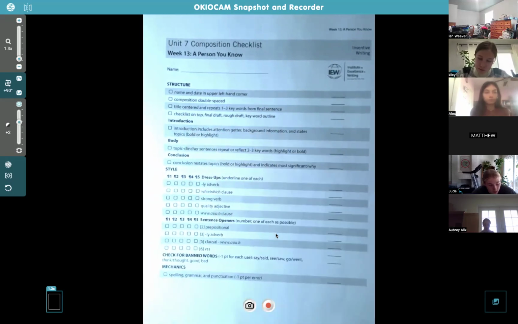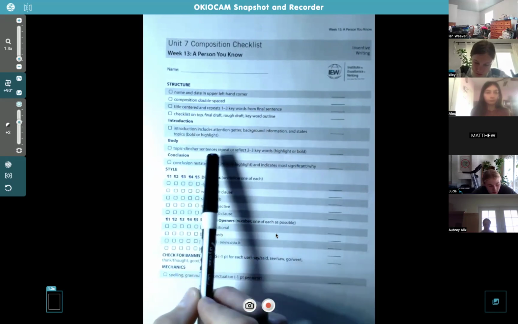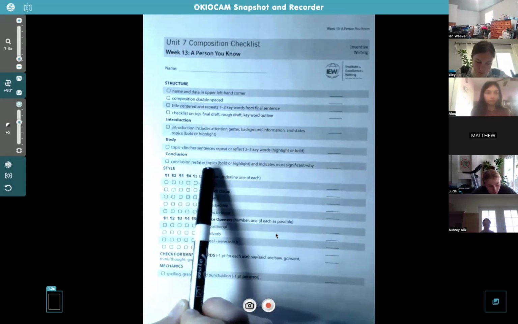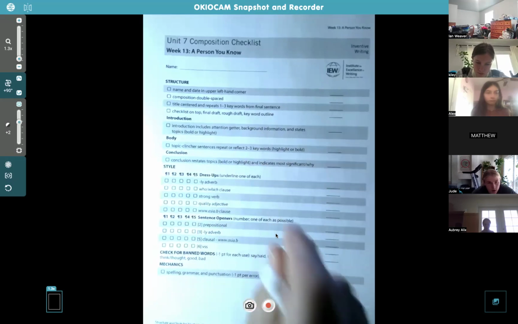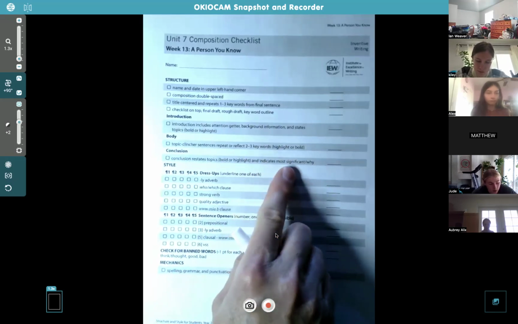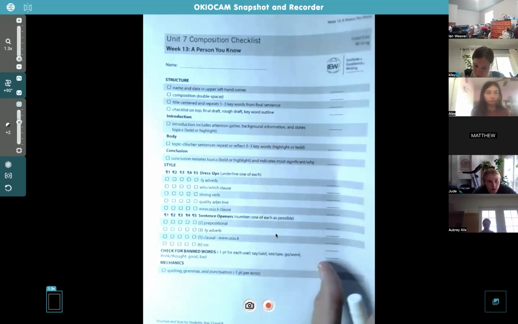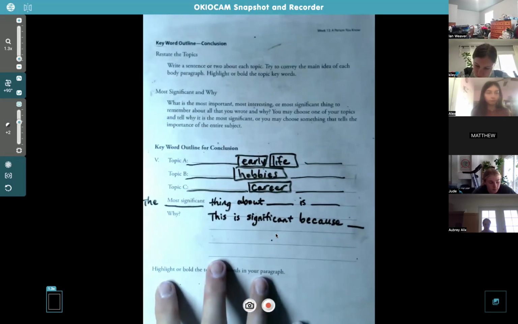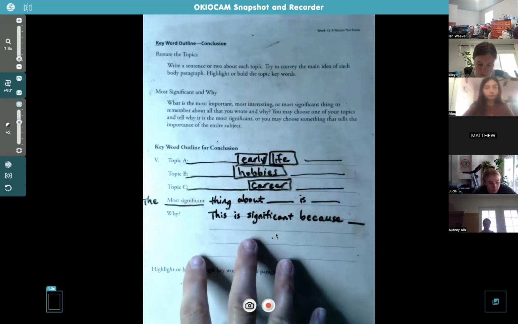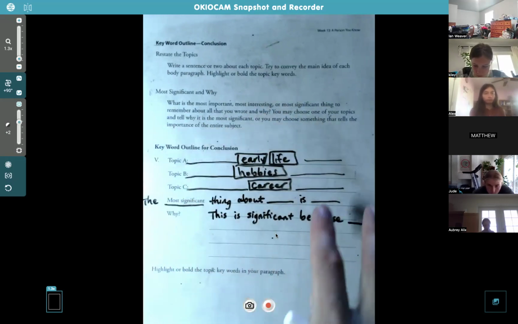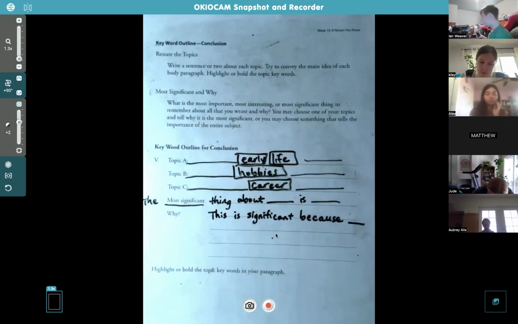It's not going to look the same as the other paragraphs do. So you're going to highlight in the conclusion just the topics. And you want to make sure it indicates most significant and why. That's why you're going to use this format to write your conclusion, because it's all right here. Does that make sense, Alex? That was a good question. Anybody else have a question?